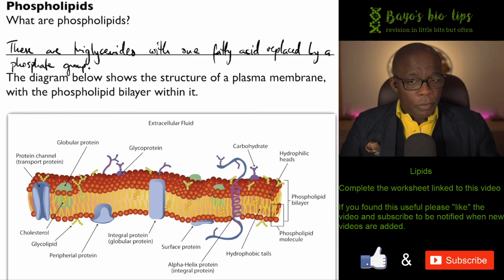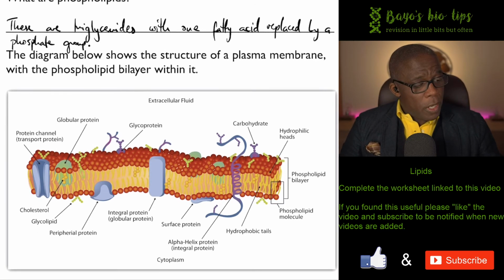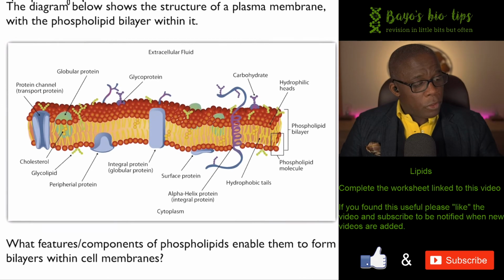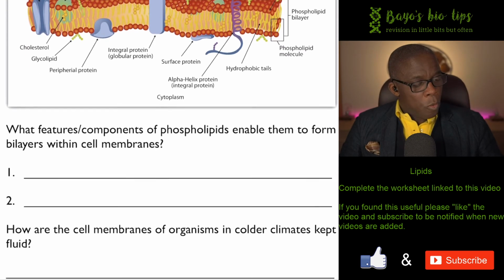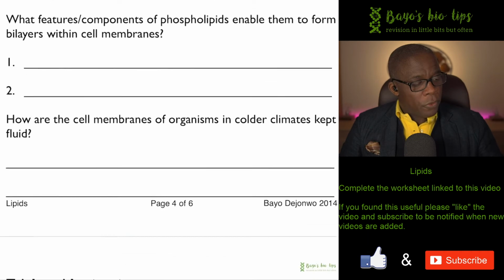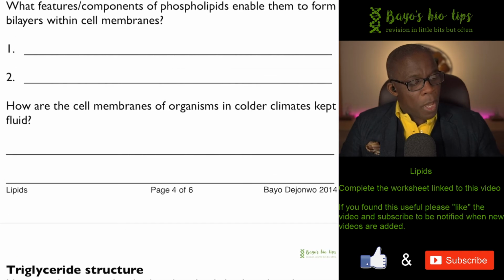Okay, so you can see there a diagram of a cross-section through a plasma membrane in a cell. If you look closely, you'll notice that most of the molecules present are phospholipids. They're the yellow squiggly lines with red dots at the top. So what features or components of phospholipids enable them to form bilayers within cell membranes?